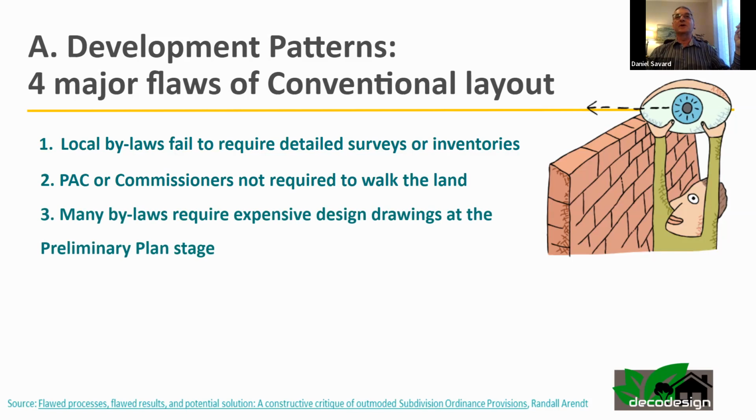Many bylaws require expensive design drawings when it's not necessary at the preliminary plan stage. We should have more sketches at that point to figure out where we're going and how we can implement something that makes sense for the builder and also for the municipality.